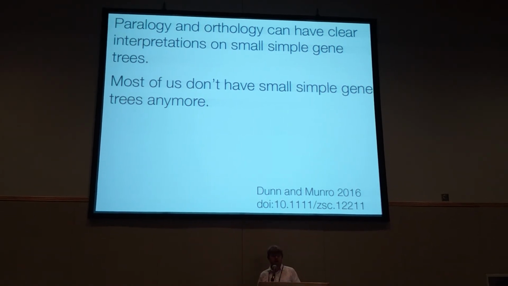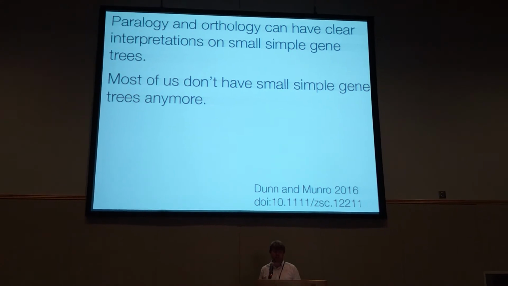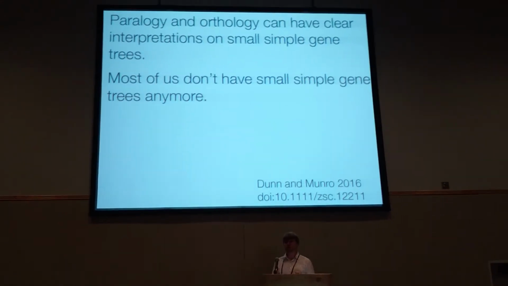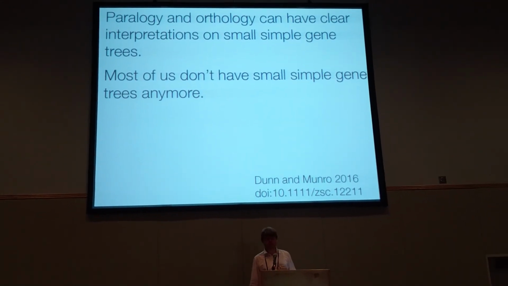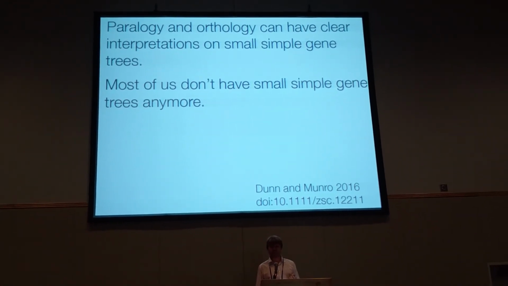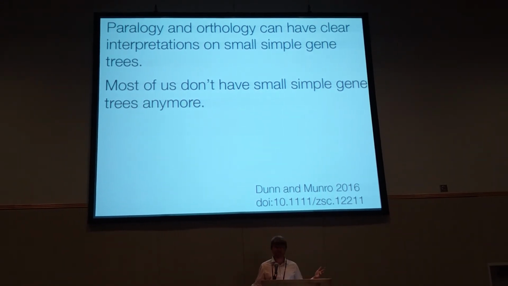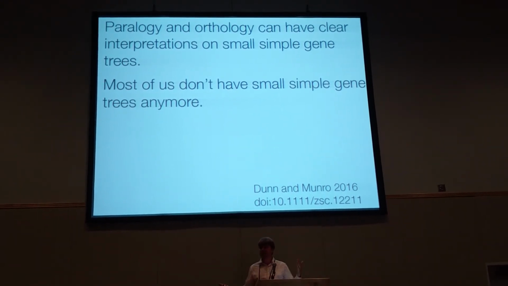The other issue is that paralogy and orthology can have really clear interpretations in small, simple gene trees, all right? But most of us don't have small, simple gene trees anymore. We have these big gene trees, often hundreds of tips, with all sorts of duplication and speciation events in there.